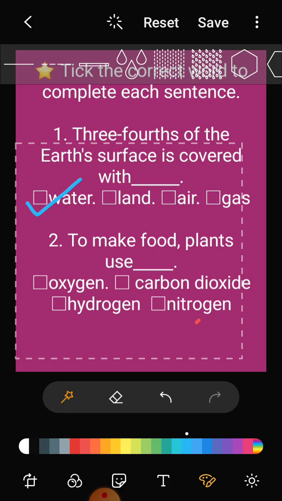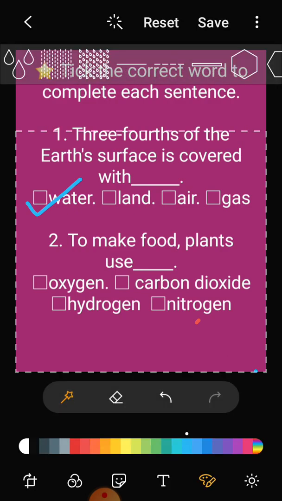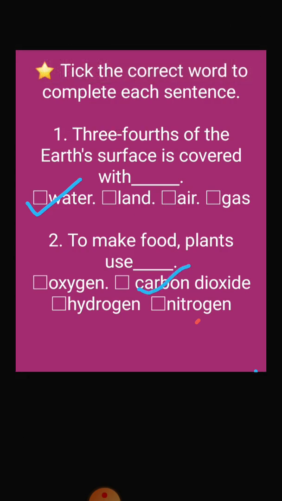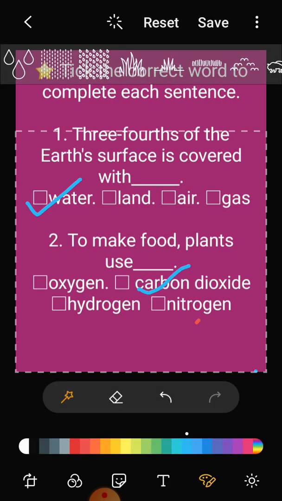Next, to make food, plants use dash. Given options are oxygen, carbon dioxide, hydrogen and nitrogen. And the correct answer is carbon dioxide. To make food, plants use carbon dioxide.